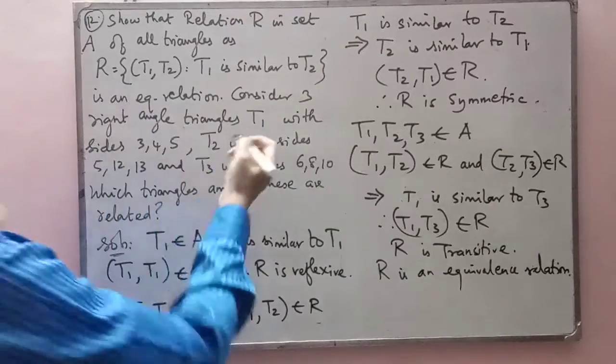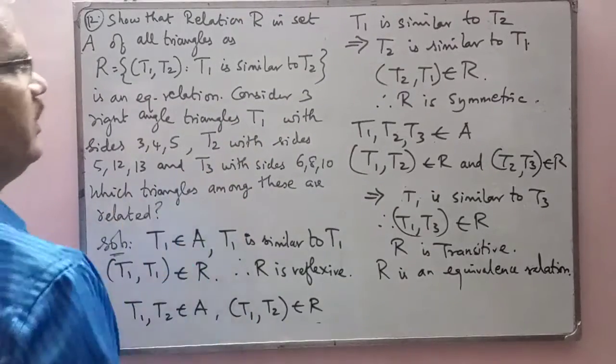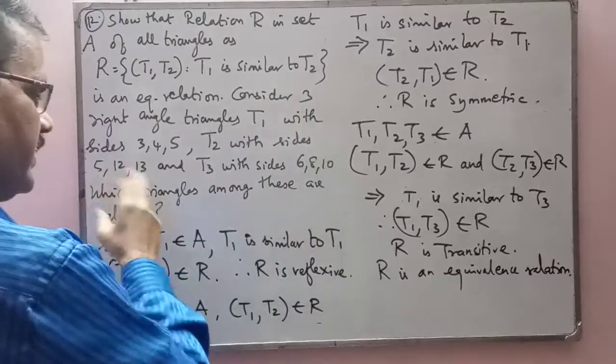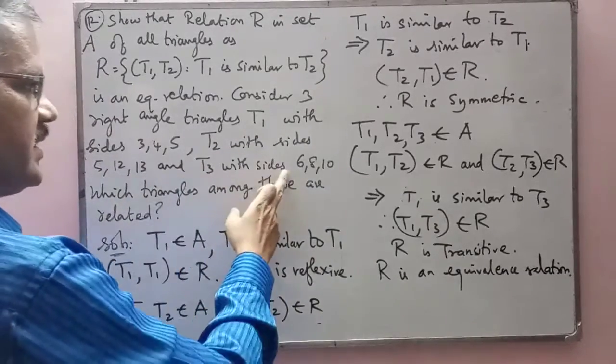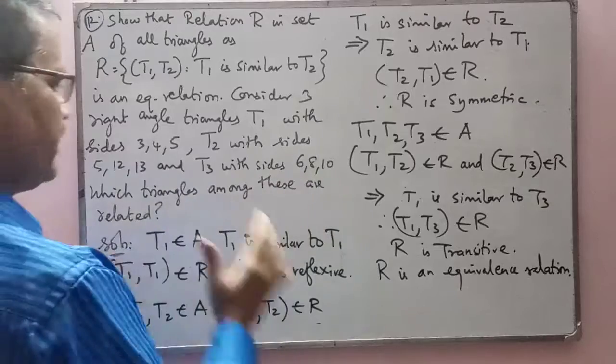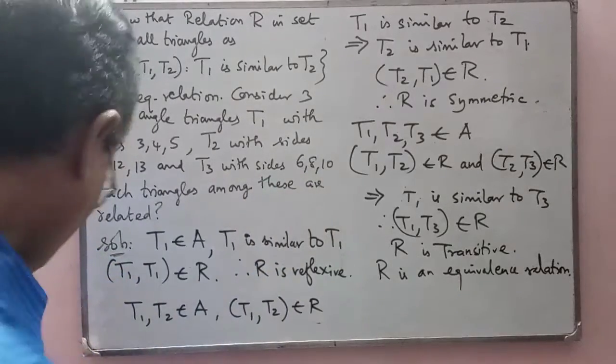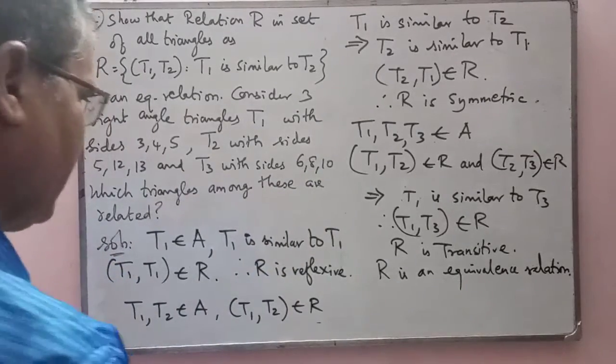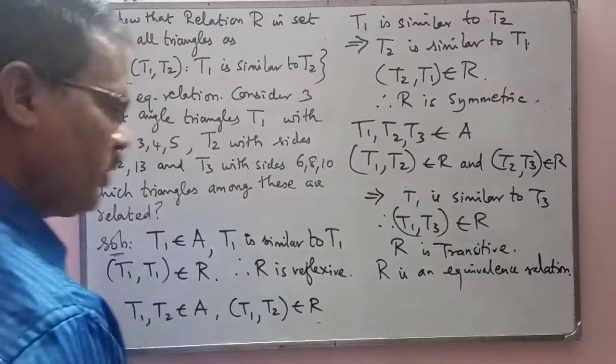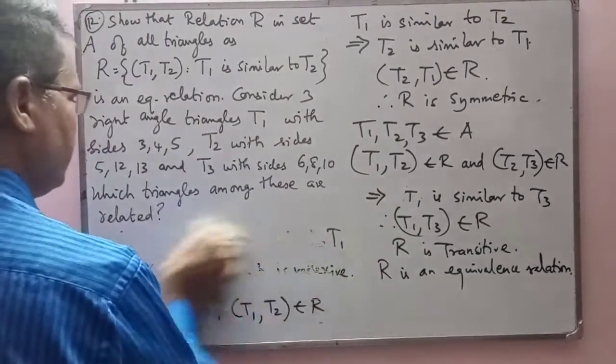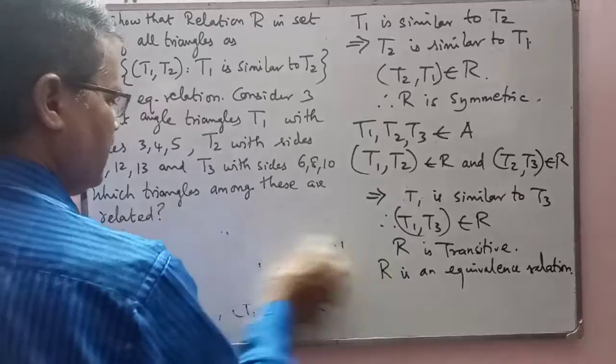Consider three right angle triangles: T1 with sides 3, 4, 5, T2 with sides 5, 12, 13, and T3, the third triangle, with sides 6, 8, 10. Which triangles among these are related? What do we know about similar triangles? For similar triangles, the sides must be proportional, right? So in these, let us see which are proportional.